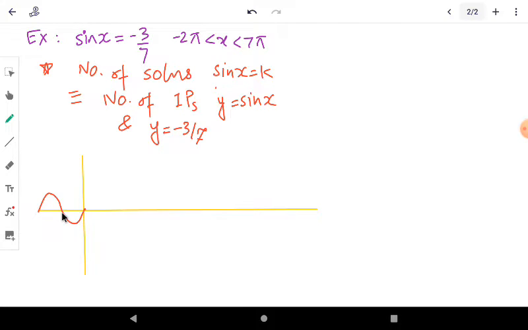So if I draw the line, this is the graph from minus 2 pi to 0 of y equals sin x, guys. Now I will draw the line y equals minus 3 by 7 like this, guys.